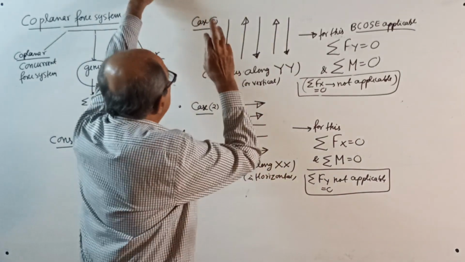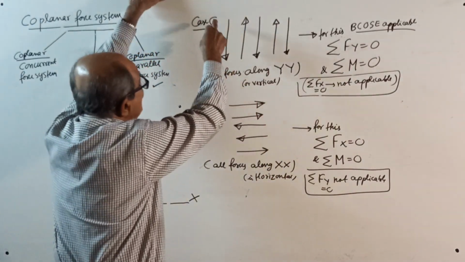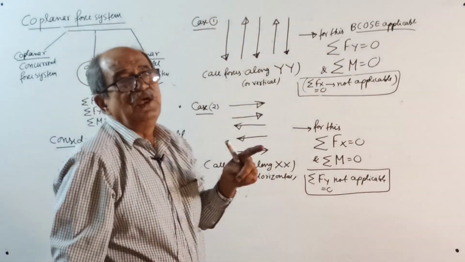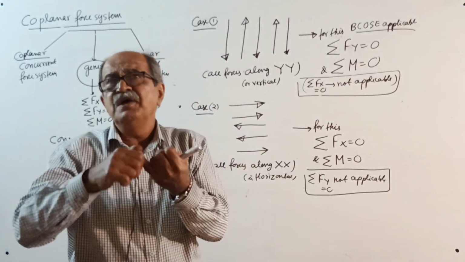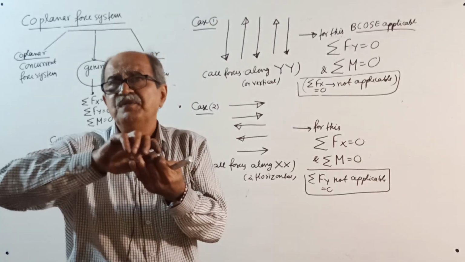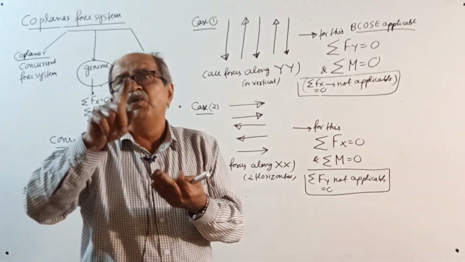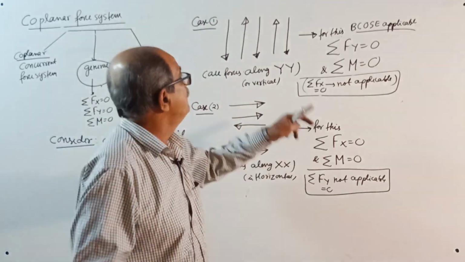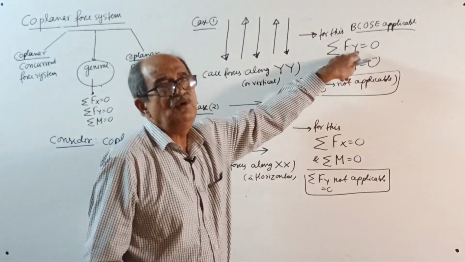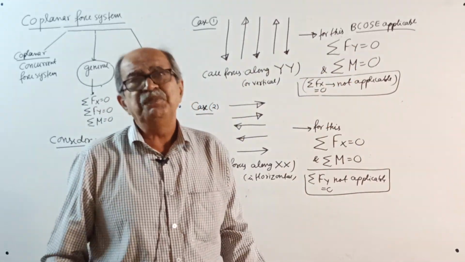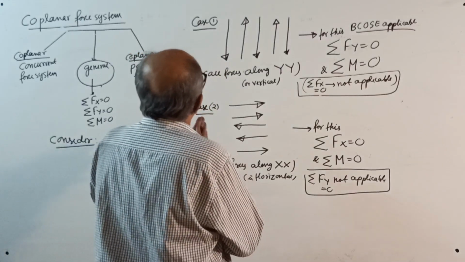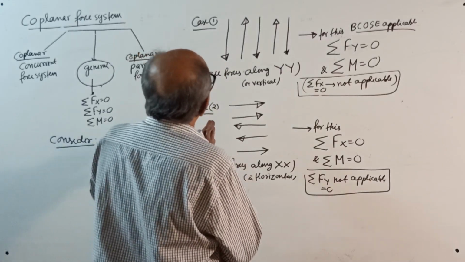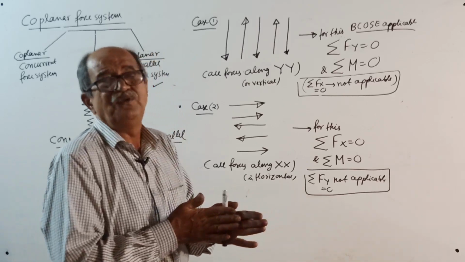So make a note here. Therefore, even though this is a coplanar force system for which you have sigma Fx equals 0, sigma Fy equals 0 and sigma M equals 0, one of the force conditions vanishes. For this one, sigma Fx equals 0 is not applicable. Suppose you apply, what will happen? Sigma Fx equals 0 gives 0 equals 0.